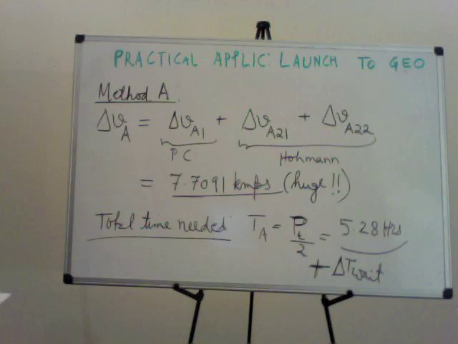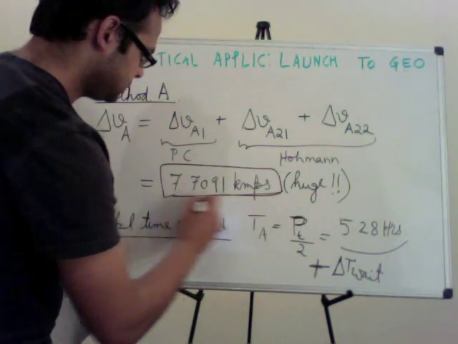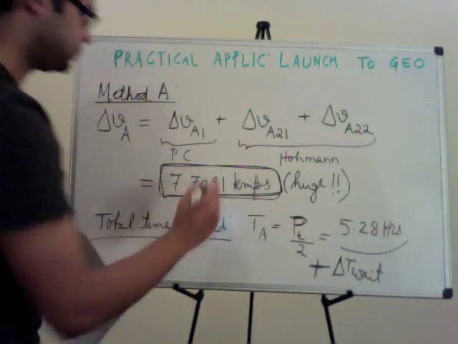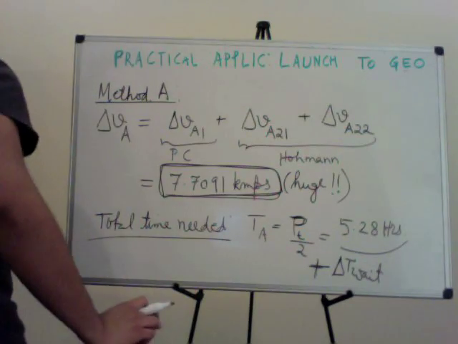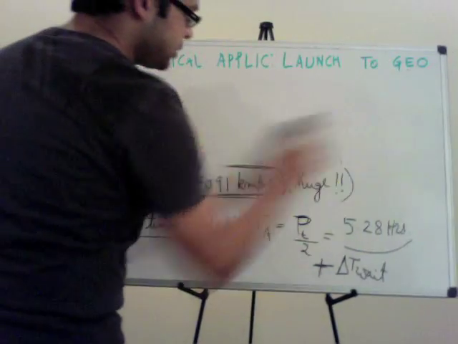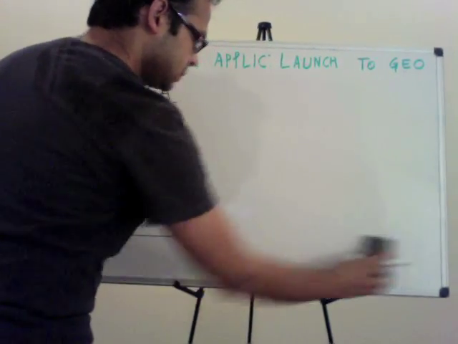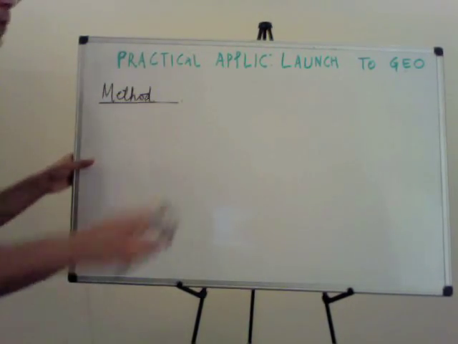So that is the final number as far as delta V is concerned for method A. Keep this in mind, it's about 7.7 kilometers per second. A lot of delta V. Next we will look at method B.